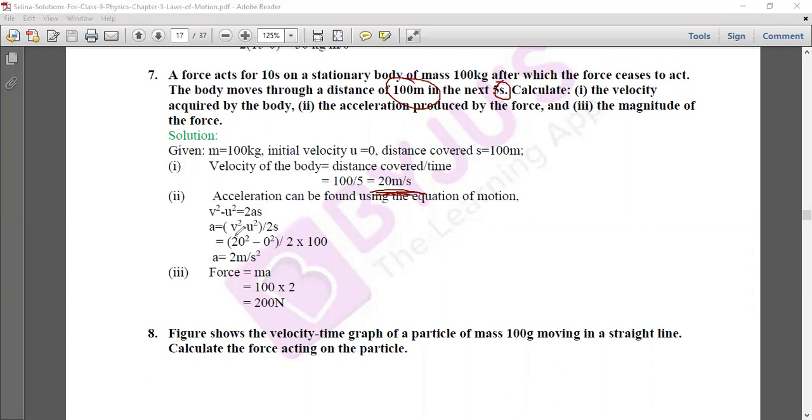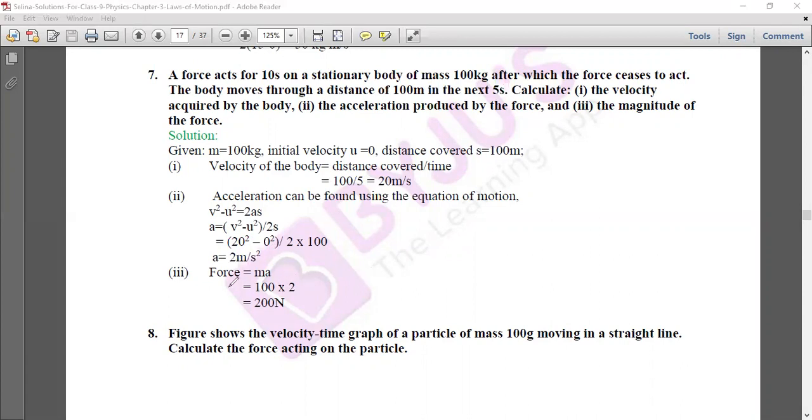So v square is 20 square, minus u square, and u is the initial velocity, 0 square, divided by 2 times 100. If we simplify this, we will get 2 meter per second square.